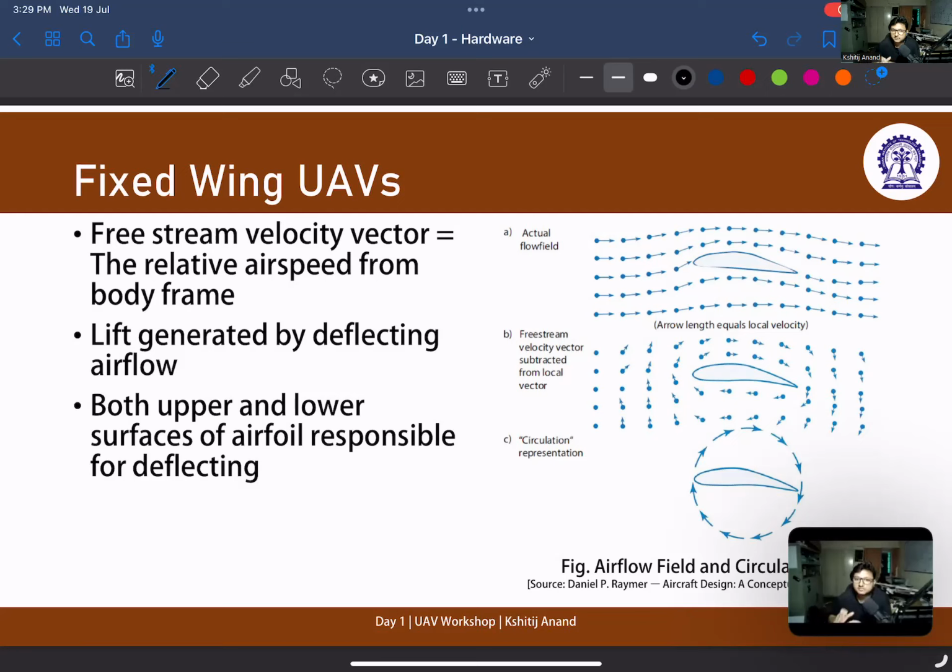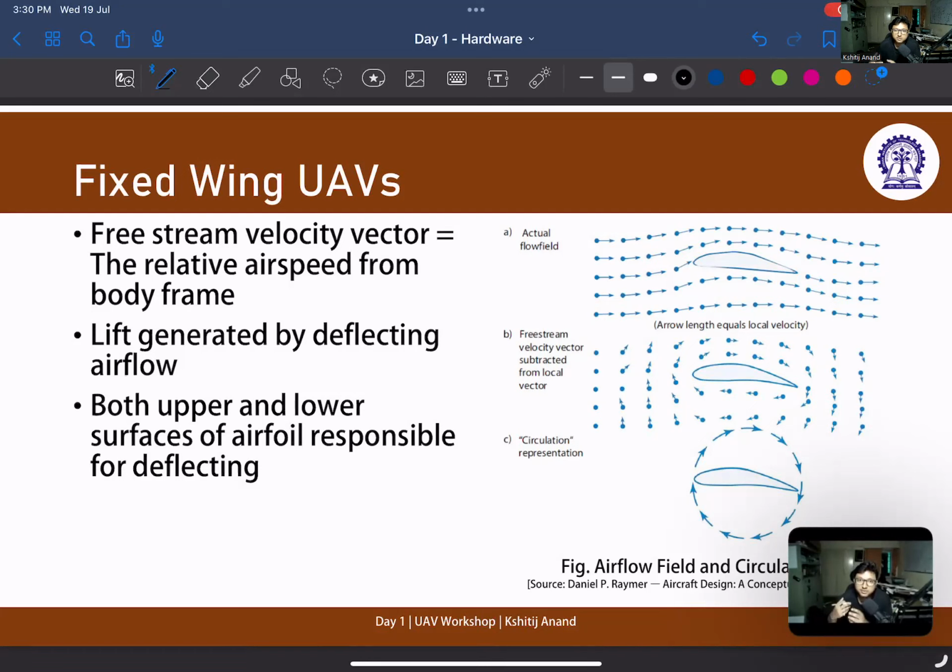However, let me be very straightforward that that's a very naive way of understanding how lift is generated, although it works for these cases because it's derived from potential theory. So it works for RC aircraft, and we can use all those formulations.